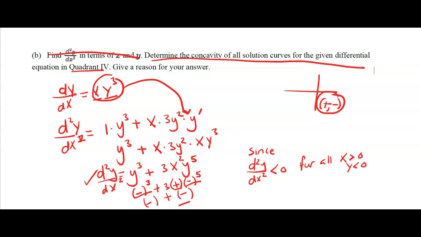So it says the second derivative is less than 0 for all of x greater than 0 and y less than 0. The function y must be concave down in the fourth quadrant. Okay, and there it is. Let's go ahead and move along to the next part.